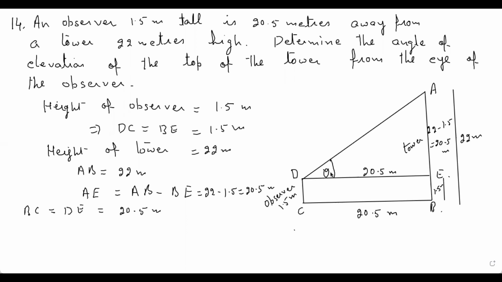Now let θ be the angle of elevation of the top of the tower from the eye of the observer.